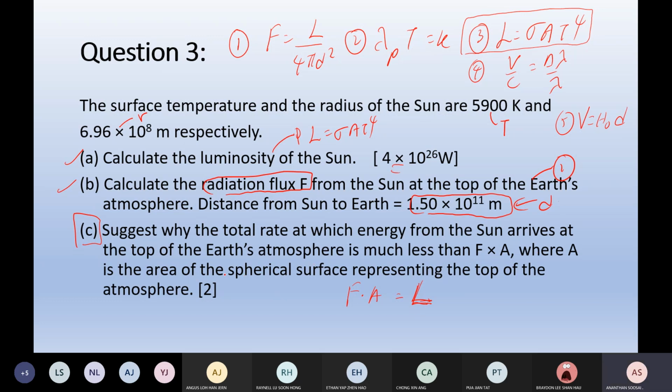Where A is the area of the spherical surface representing the top of the atmosphere.